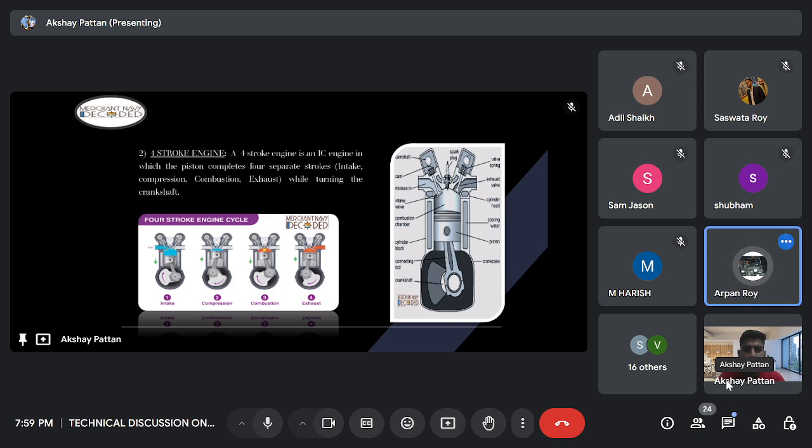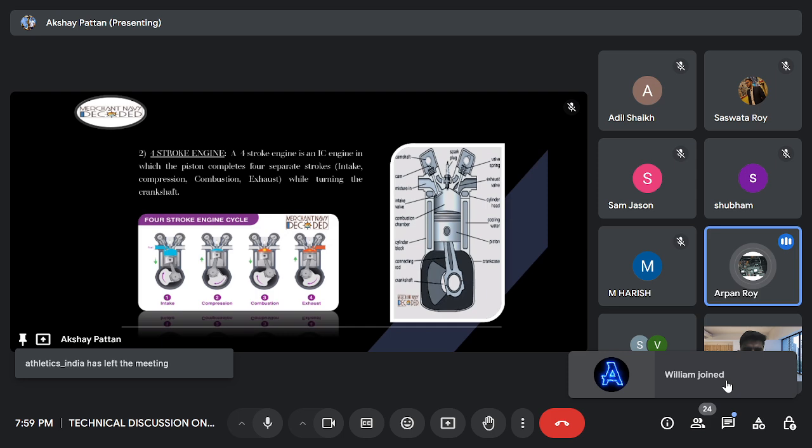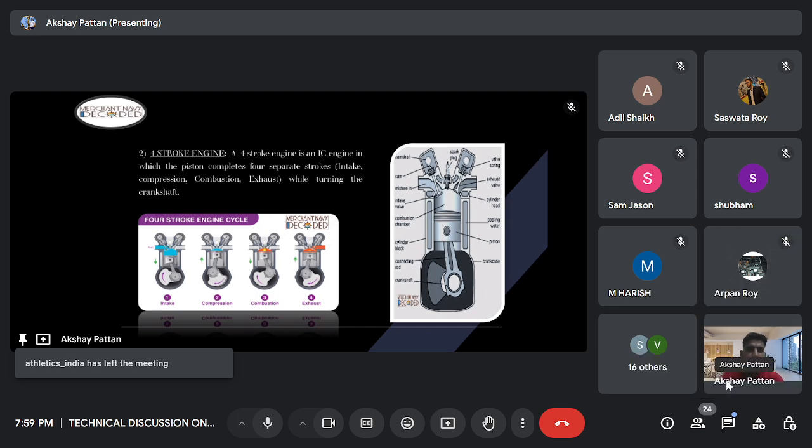So that is how our crankshaft rotates. And in exhaust stroke, when the piston moves from BDC to TDC, it expels all the burnt gases from the cylinder. Okay. So these are the four strokes of four-stroke engine, right?